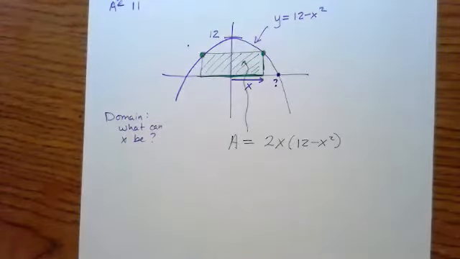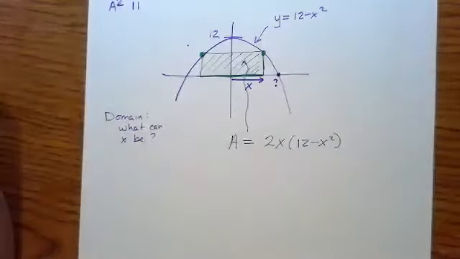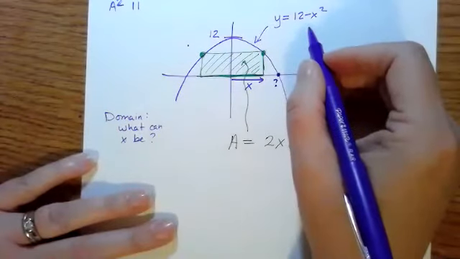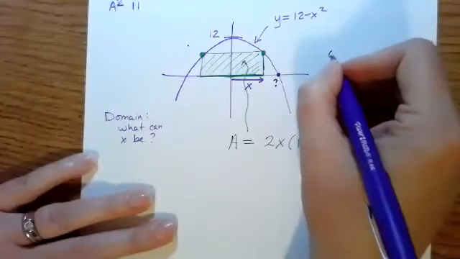2 radical 3, or on your answer sheet it was radical 12. How did you get that earlier? I took the first equation, which was y equals 12 minus x squared, and I just set that equal to 0.